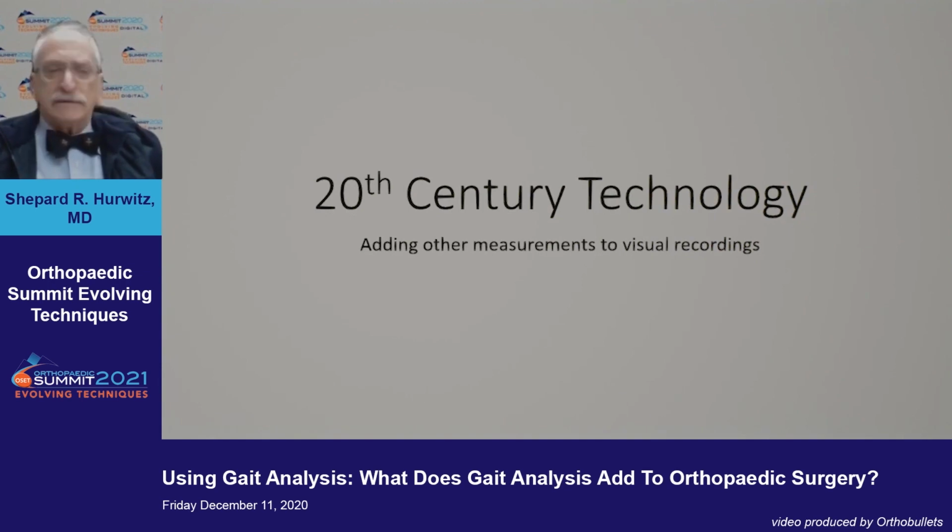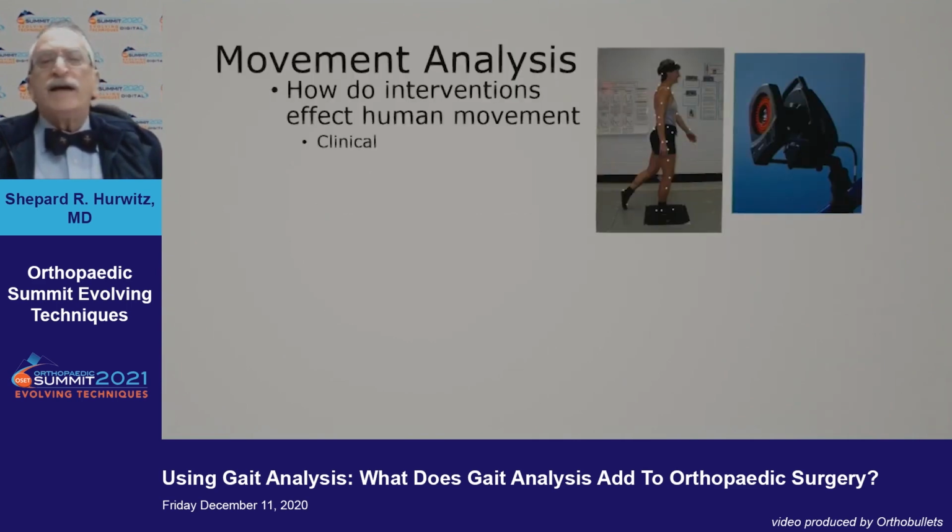Technology moves on, and in the 20th century, a great deal was added to the concept of motion analysis, in particular gait analysis. And it became more than just an observational test. Here we see reflective markers on a subject. Their right foot is on a force plate, which is embedded in the ground.